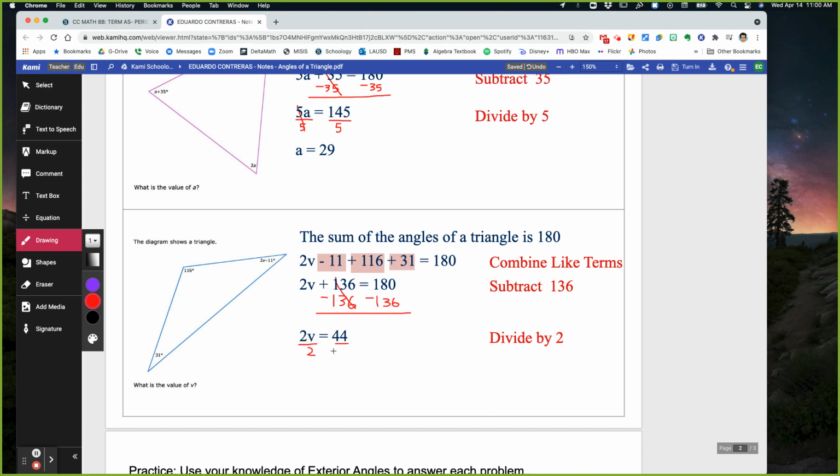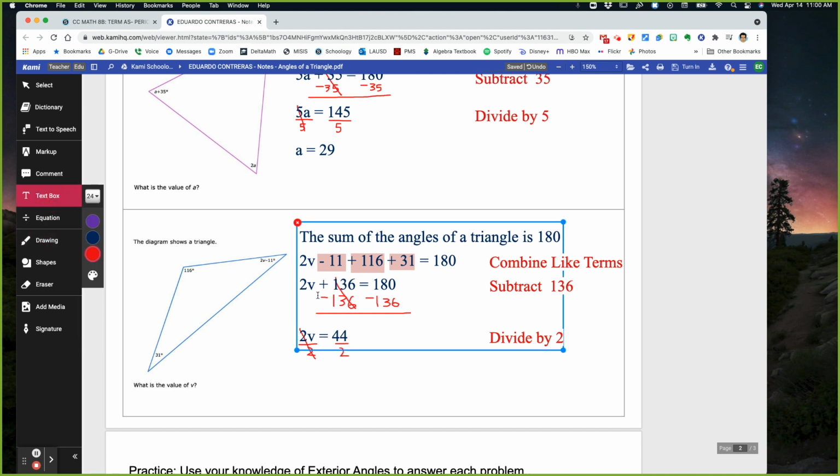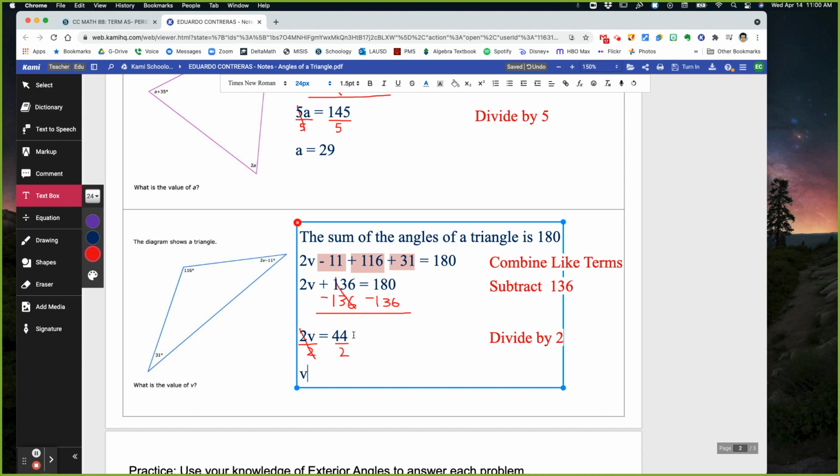Divide by 2 and cancel the 2. So v equals 22. Okay. There's my answer. Any questions?